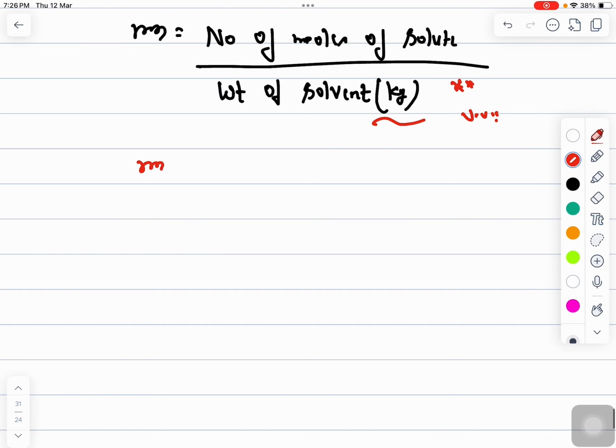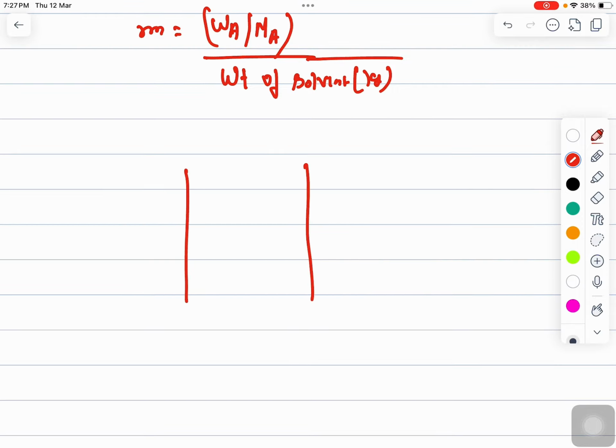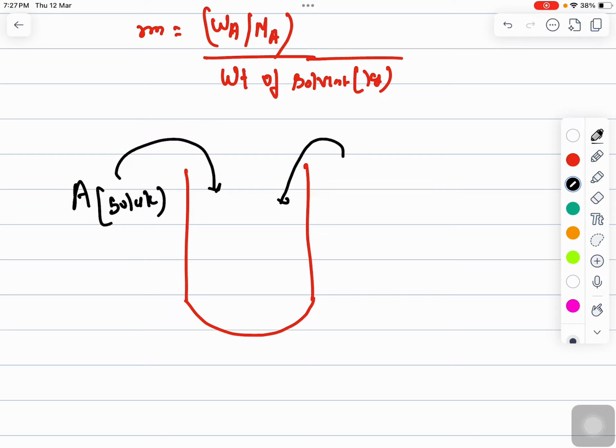So the molality can be defined as weight of solute divided by molecular weight of solute, divided by weight of solvent in kg. So let's say you are making a solution, which is made up of component A, which is your solute, and another component B, which is called the solvent, and while mixing these two you get a solution.